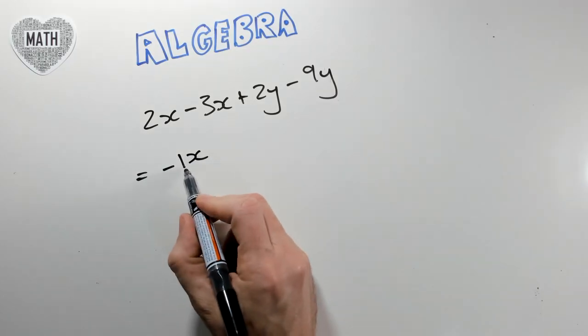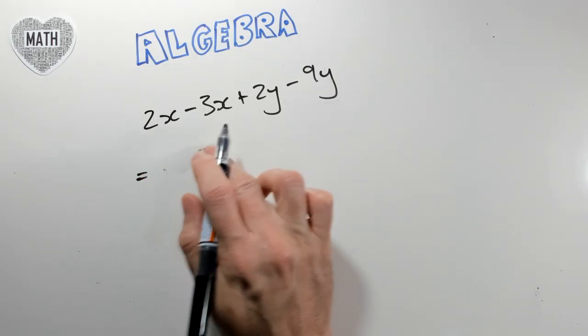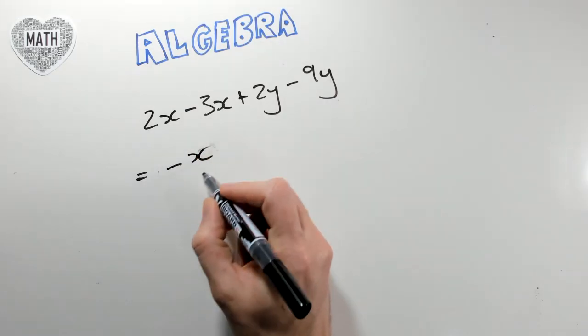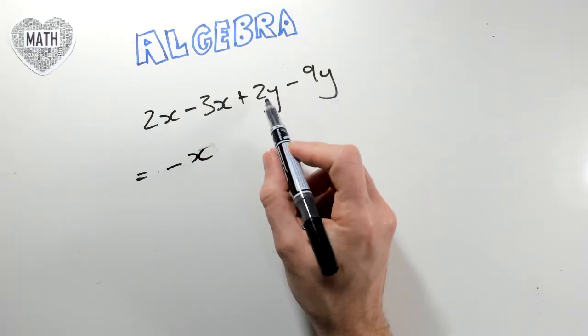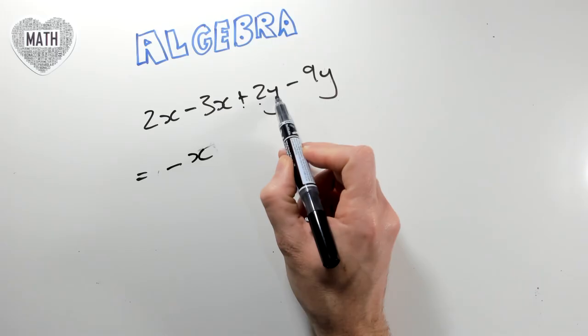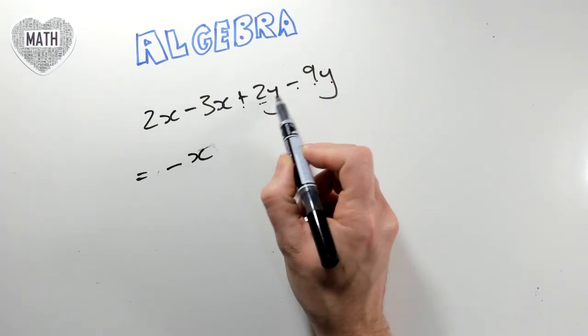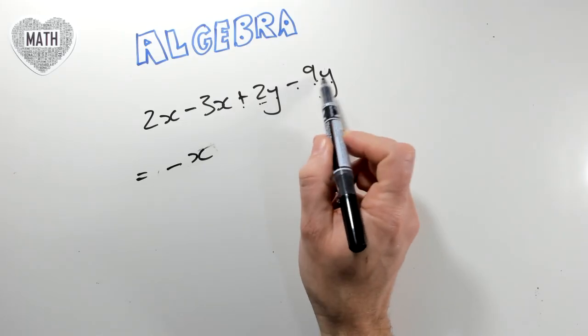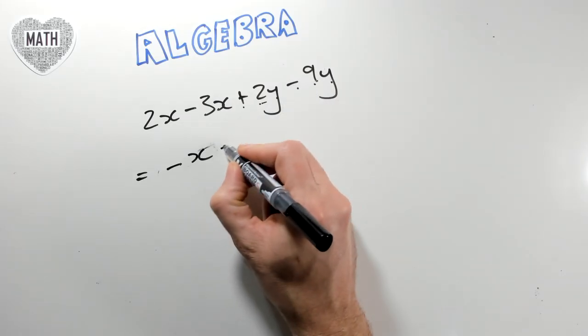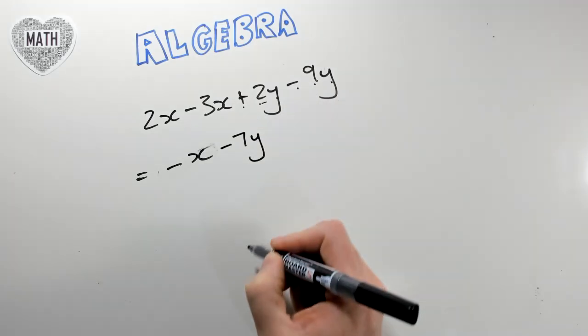I don't have to write the 1. I could just write negative x. It's implied that there's a 1. In this case, I have plus 2y minus 9y. So I had 2 of somethings, y's, and I subtracted 9, so that would be negative 7y.